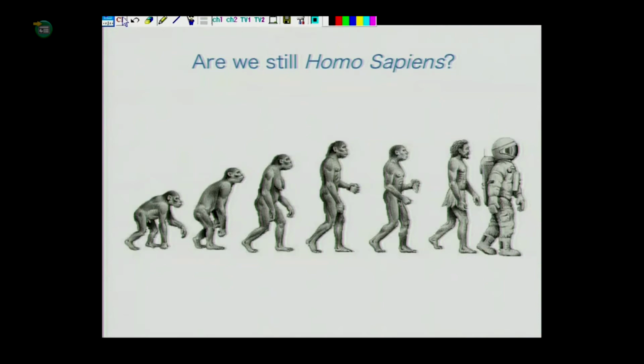So the second group is saying that by the current definition, we're still Homo sapiens. But if we have to decide on a new definition, like we just now have new definitions of a gram, a meter, and all those things, then maybe we're not. What do you think makes us not Homo sapiens anymore?